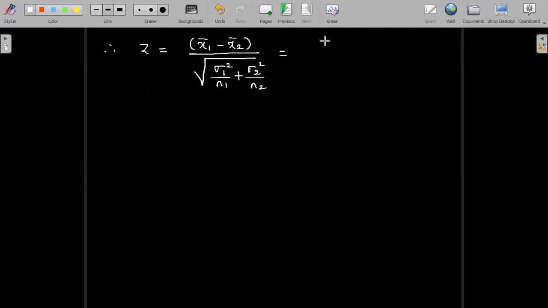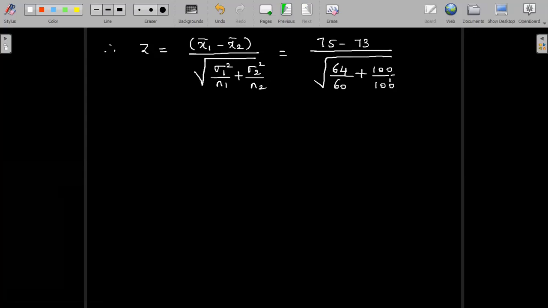Let us substitute all the known values. 75 minus 73, divided by the square root of 8 square, that is 64, divided by 60, plus 100 divided by 100. N2, the number of girls, is 100, and the standard deviation for girls is 10, so 10 square is 100, 100 by 100.